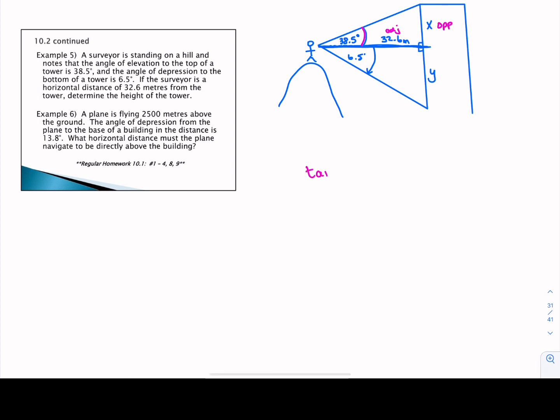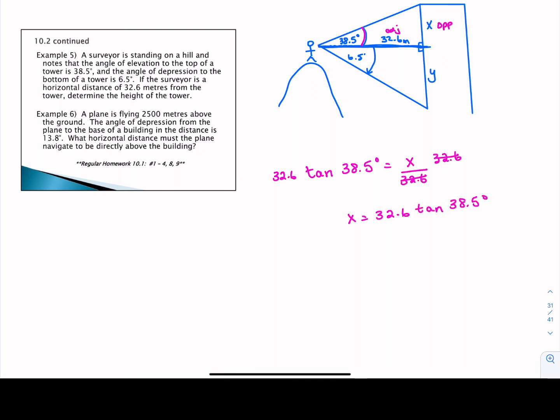So the tan of, in this case, 38.5 degrees is going to give us the opposite side of X divided by the adjacent side of 32.6 meters. And again, we can cross multiply or multiply by 32.6 in order to clear this fraction. So multiply both sides by 32.6. We can see that that cancels. So X is exactly 32.6 times the tangent of 38.5 degrees.